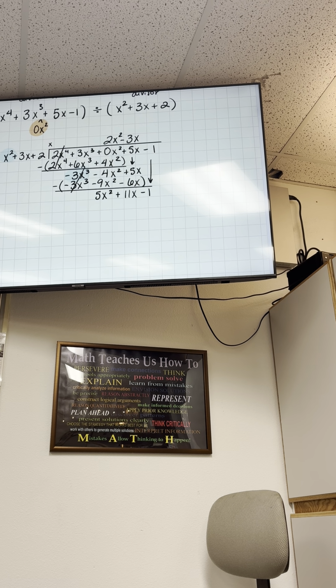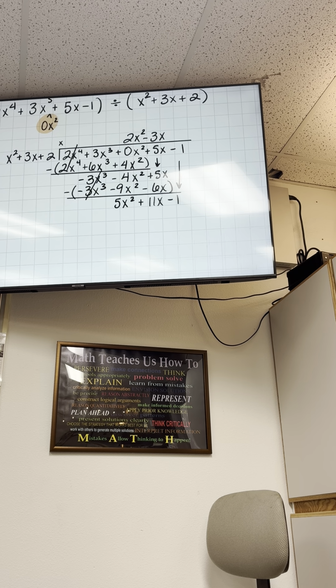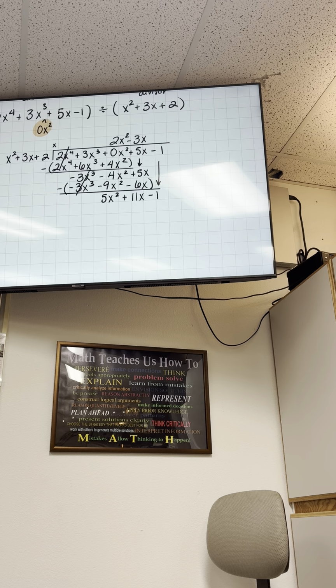And so now, the last question we're going to ask ourselves is, what would we need to multiply x squared by to get 5x squared? 5. Yep. So then we have a positive 5 up here, and we repeat that process just one more time.